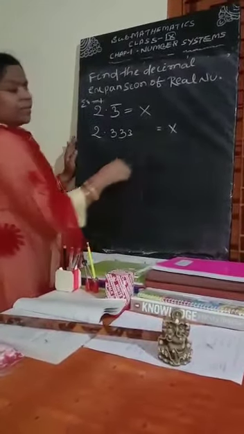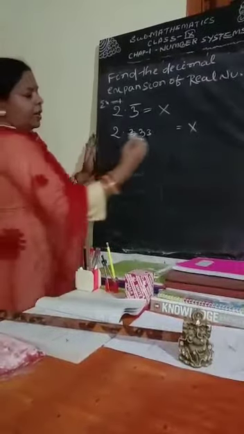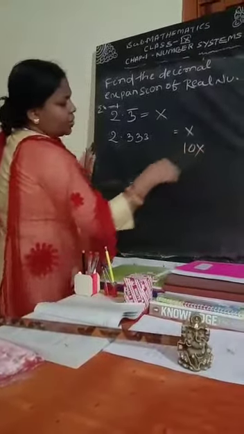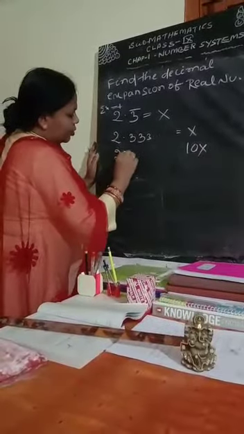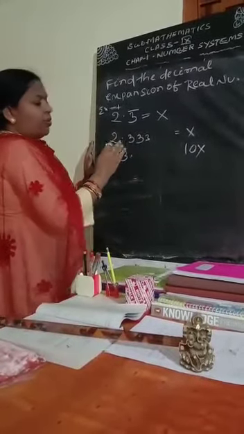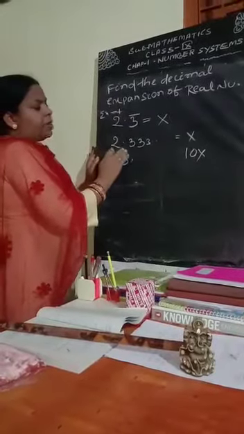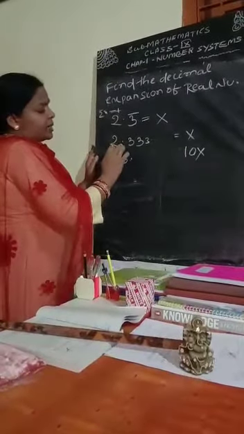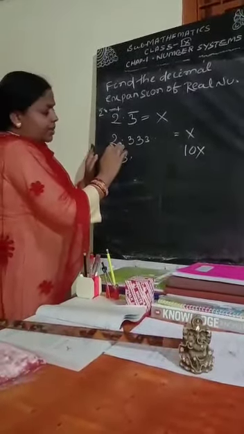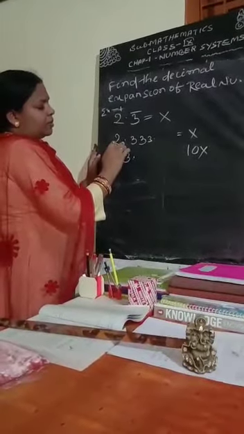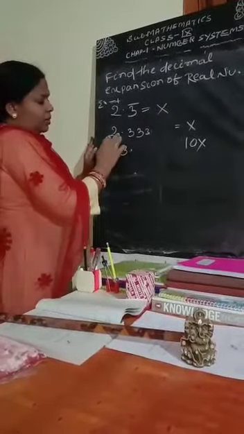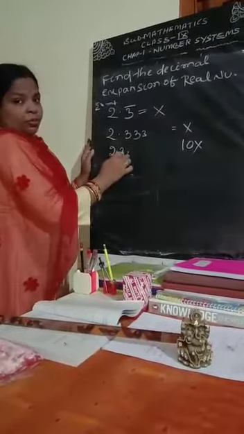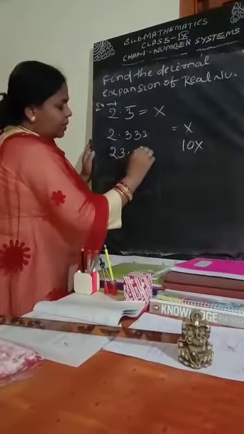This is your x. And then 10x equal to how much? Multiply by 10. 23 point. When we multiply the decimal number by 10, just move the decimal to the right side. After one number 2, then 23.3. 3 also continues.